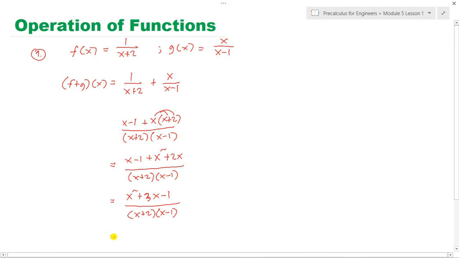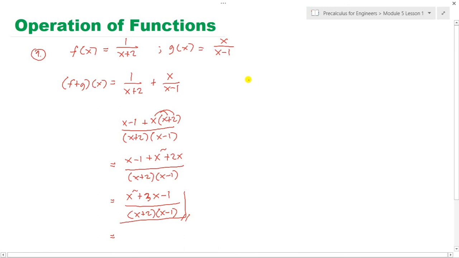Now if our numerator can be factored further, you can do it, but in this case, by using trial and error, for the factors of negative 1, we will have negative 1 and 1, and it will not result in the coefficient of the second term. So therefore this is the simplified form, the prime form of the trinomial x squared plus 3x minus 1. So therefore this is our final answer.